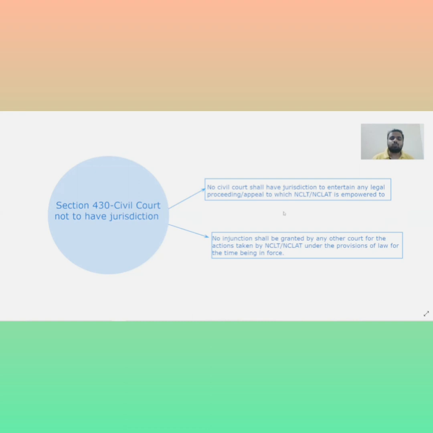So yeah, again, no injunction shall be granted by any court for the actions taken by NCLT or NCLAT. Now, first of all, injunction means a restraining order. For example, NCLT or the NCLAT may have taken some action, may have passed some order, for example, give the concerned party a compensation of 2 crores within 40 days.